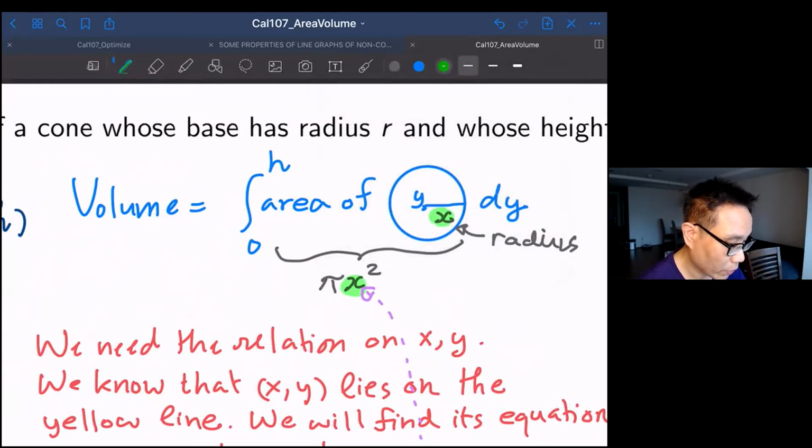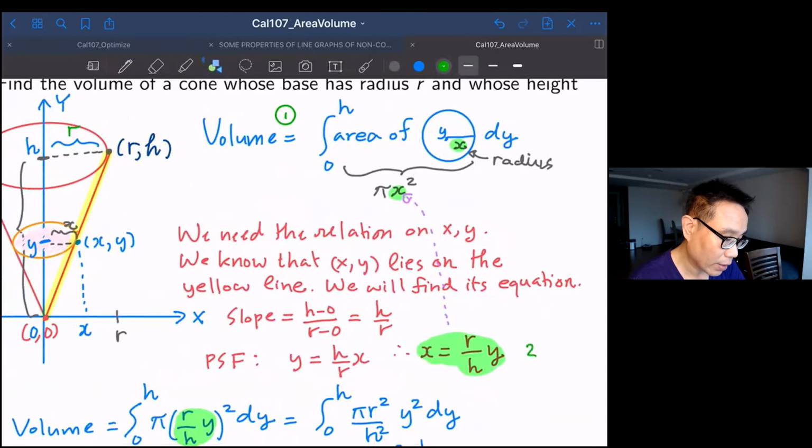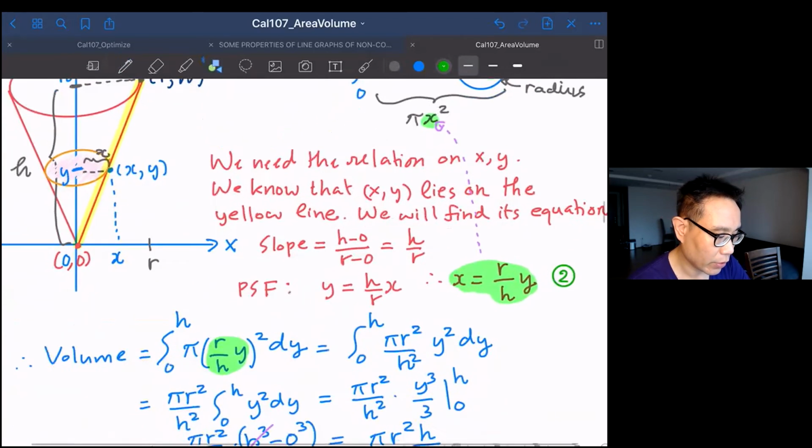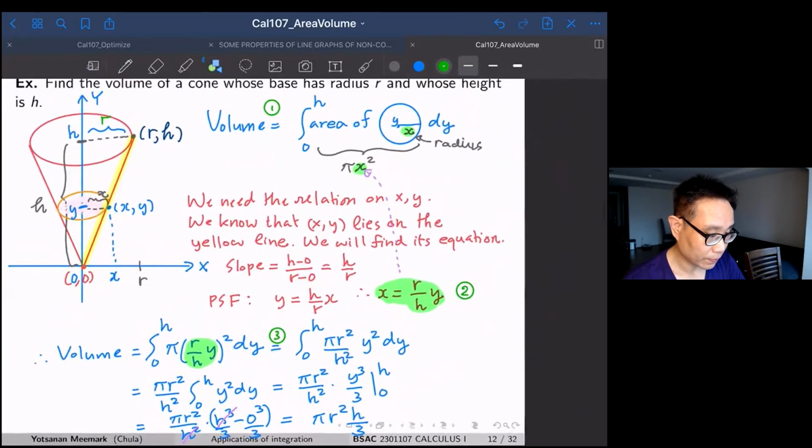And the second step, you're going to find the relationship between x and y that will allow you to compute this integral in the third step. Okay, so that's all.